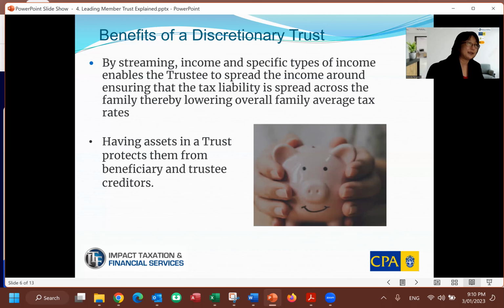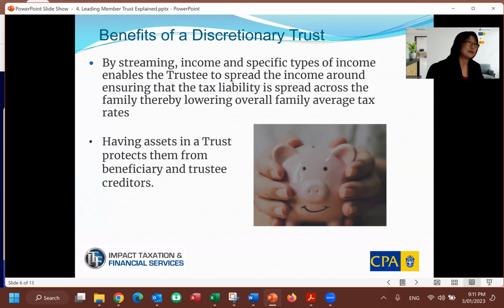A beneficiary doesn't own the asset. The trustee is only the manager of the assets. A trustee is not an owner of the trust asset. So when they're exposed to third-party creditors, the creditors can't go through to get their assets in a family trust or discretionary trust. That's the reason why it's a good asset protection vehicle.